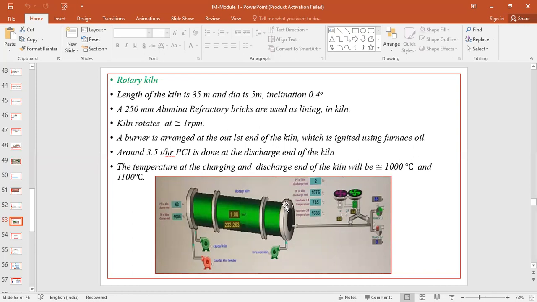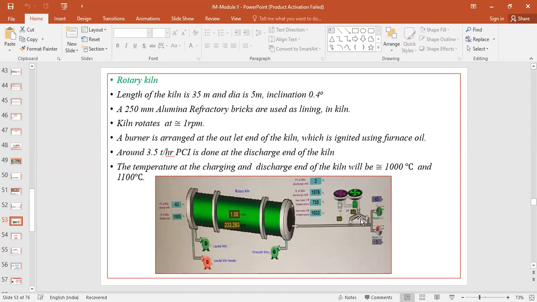This kiln is rotated at an RPM of approximately 1. The burner is arranged here at the outlet end of the kiln, which is ignited using furnace oil. A certain amount of PCI is also charged into the kiln.